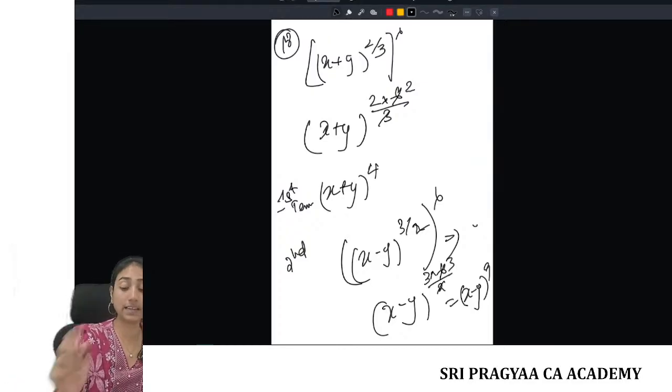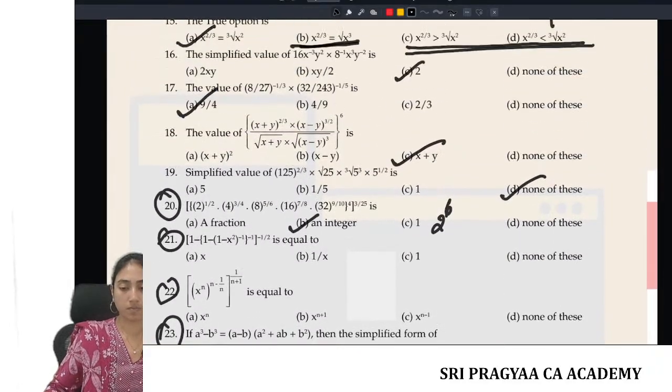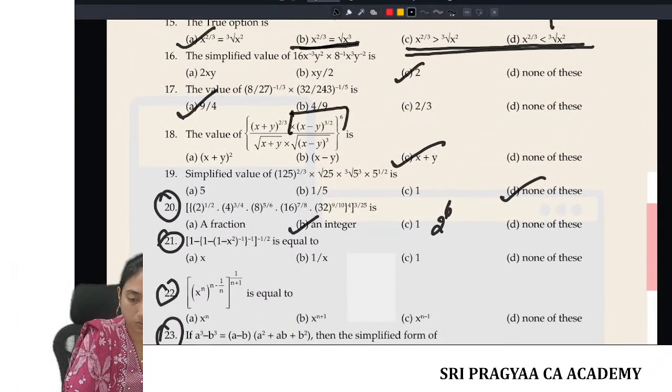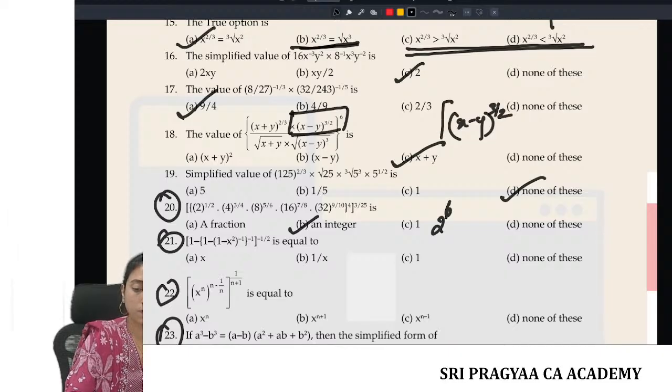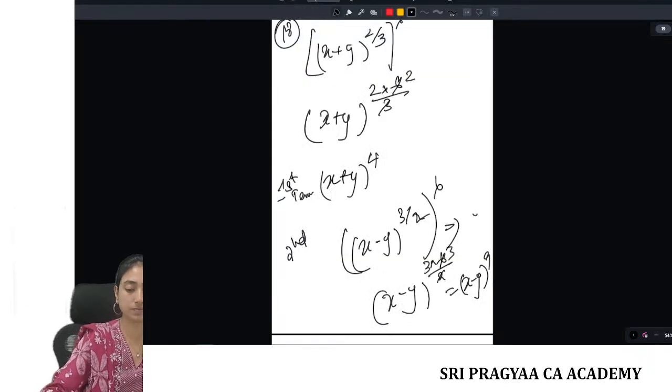No, I'm talking about the second term, this one here. What will this become? I have x minus y raised to the power of 3 by 2, and this whole thing has 6, so I have to multiply 6 inside. That is what I'm doing. Did this term come correctly for you?